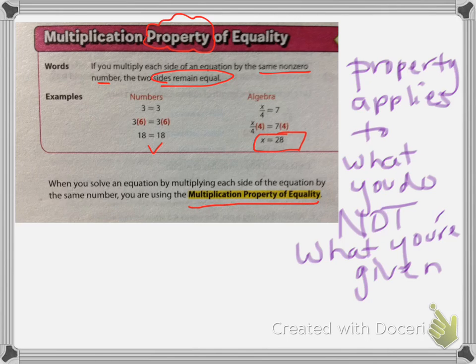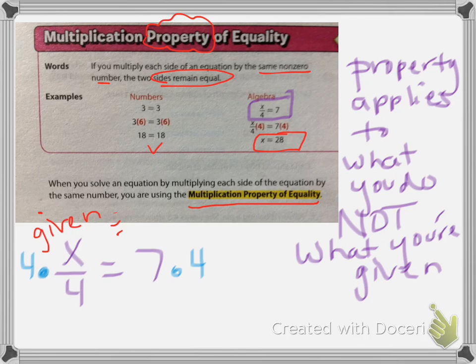So what I mean by that is, in this original problem here, the x divided by 4 equals 7. So this is what you're given, right? What you're given is a division problem. But what you do, let me change colors here, what you do is you multiply each side by 4.